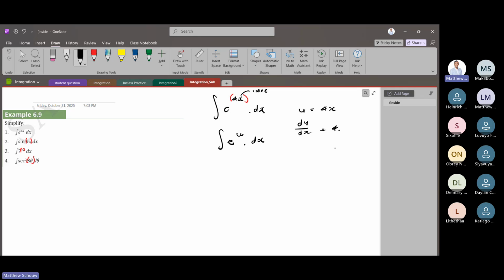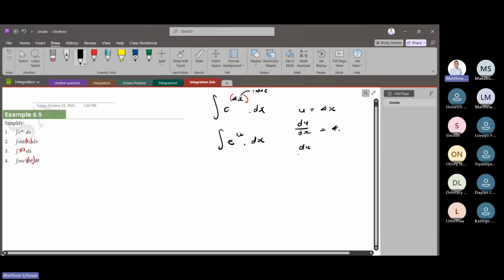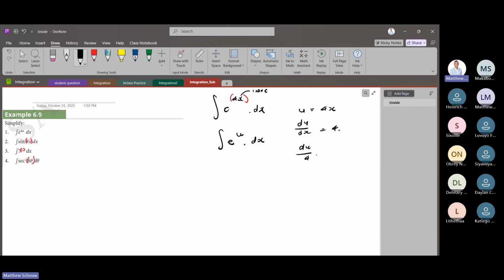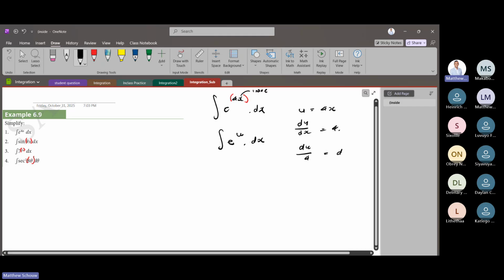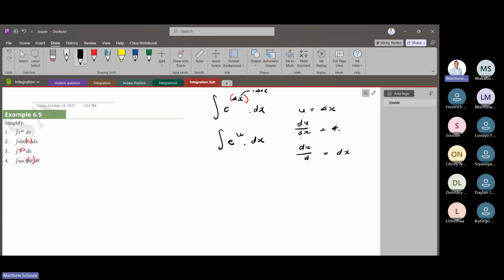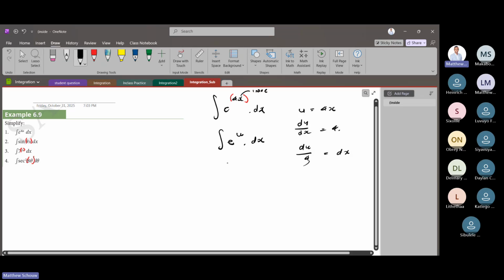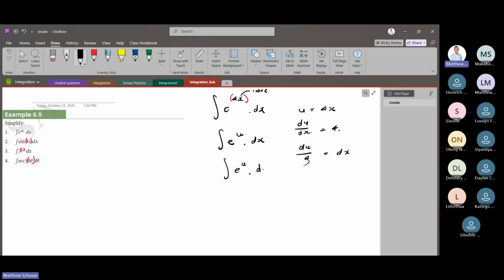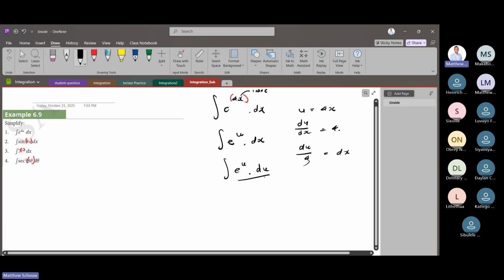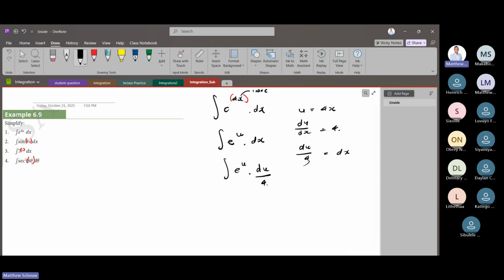So now we must put this in terms of dx, because we want to replace this dx. So do some cross multiplication. You'll notice it'll be du over 4 equals dx. We take this and we put it in here. So we have e to the power u times du divided by 4.